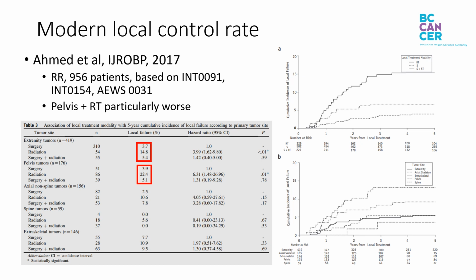In this study, multivariate analysis did demonstrate that pelvic site or radiation therapy alone were associated with worse local control rate. However, it is quite hard to extrapolate whether RT is truly inferior because there are selection biases, such as those who had RT had more central tumors, larger tumors, pelvic/vertebral body tumors, and there were more proportion of those who had RT alone in older studies in which chemotherapy agent as well as timing were inferior and likely also contributed to poor local control as well.